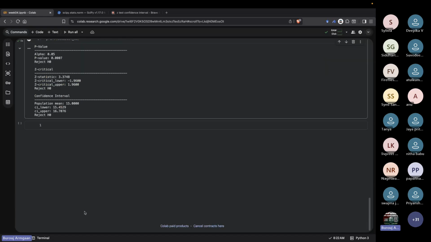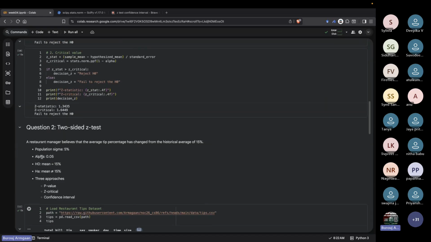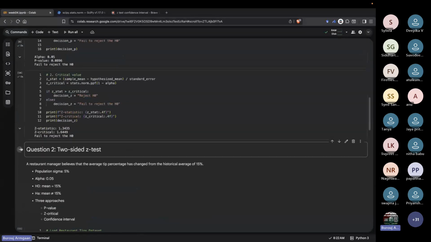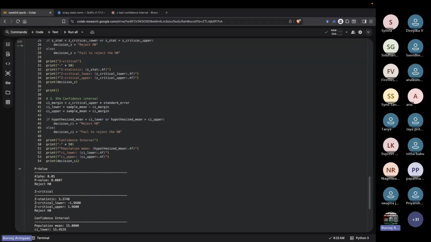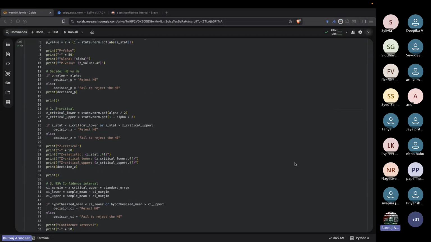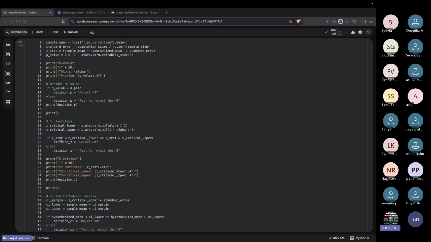Yes. So we have question one, question two. Moving on to question three. Any questions in this part? This is pretty much the same thing, just doing it on both sides.